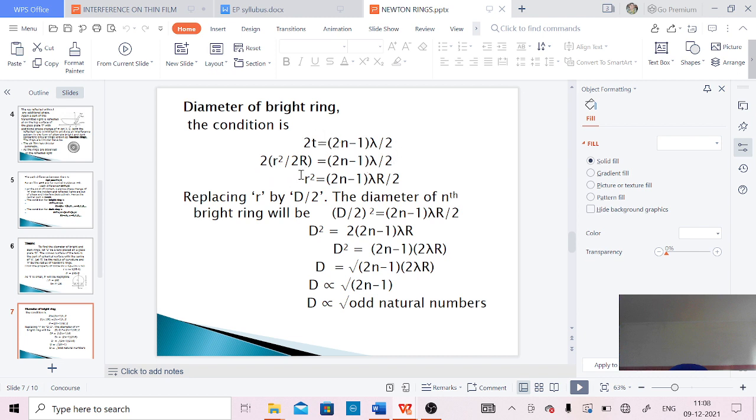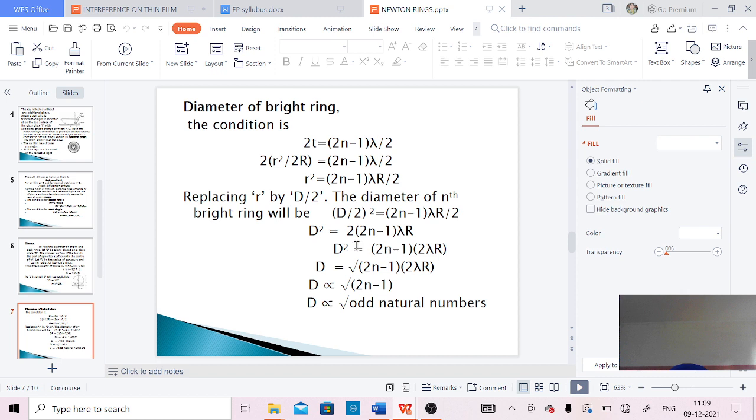Instead of t, we write the t value here, r square by 2R. Replacing small r by D by 2, since the radius is half the diameter, the diameter of the nth bright ring follows. For n bright rings, (D by 2) whole square equals (2n minus 1) lambda R by 2. Now D square equals this value.